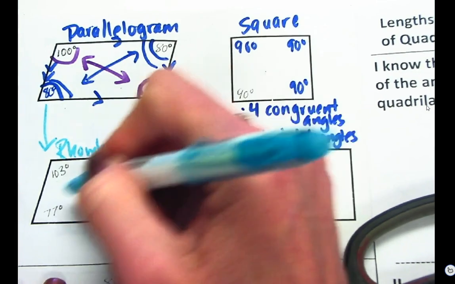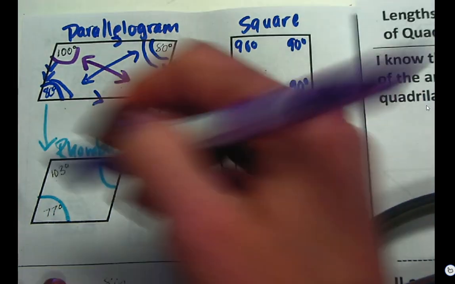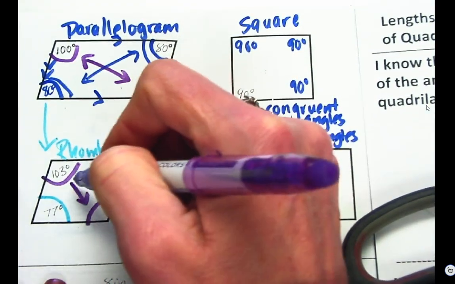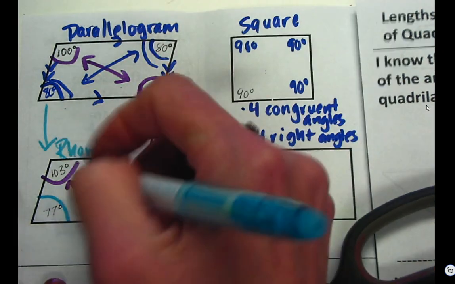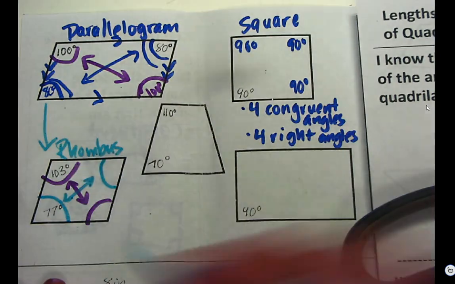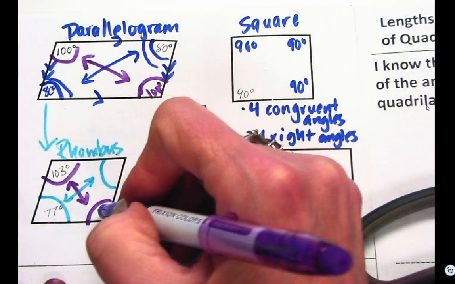So this angle here is going to be congruent to this angle here, and this angle here is going to be congruent to this angle here. They're across from one another. They're opposite angles. And I know that opposite angles are what? Congruent. So if this angle here is 103 degrees, what would be the measurement of this angle?